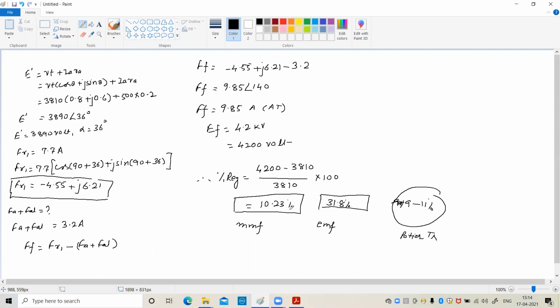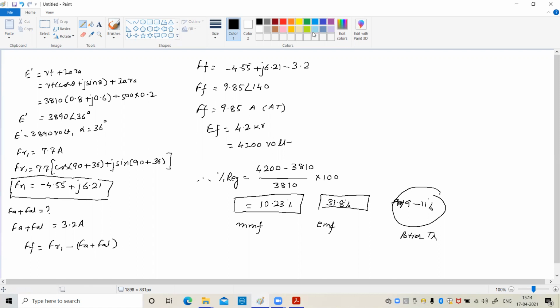So 10.23 is the correct value, whereas the voltage regulation of 31% is more than the actual value. Therefore it is called a pessimistic method.